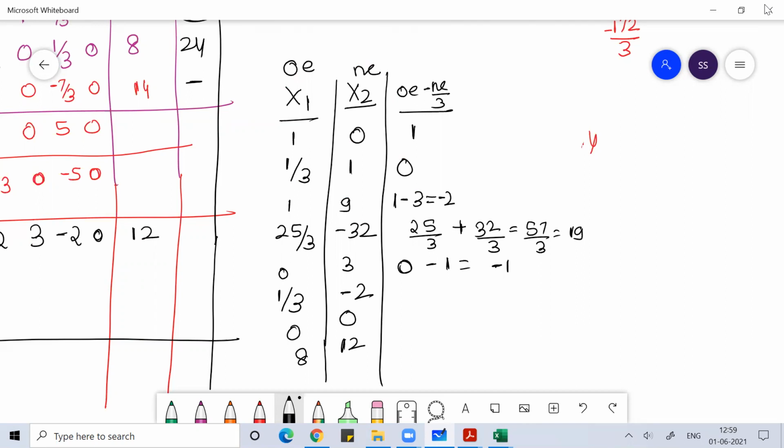Then 1 by 3 plus 2 into 1 by 3 means 3 by 3 means 1. Then 0. Then 8 minus 12 by 3, 4, it is 4.